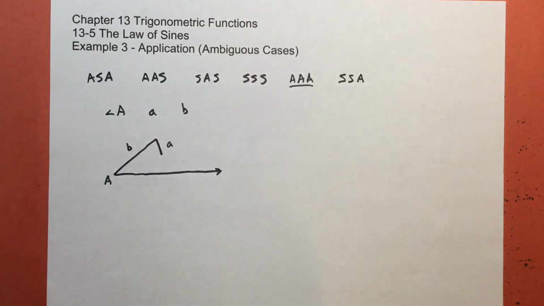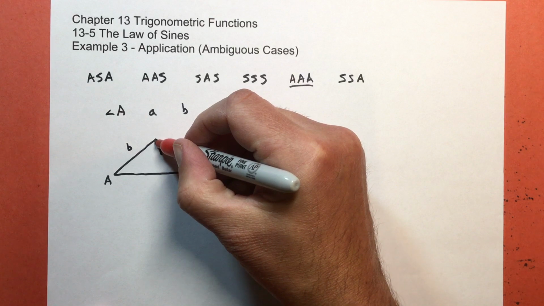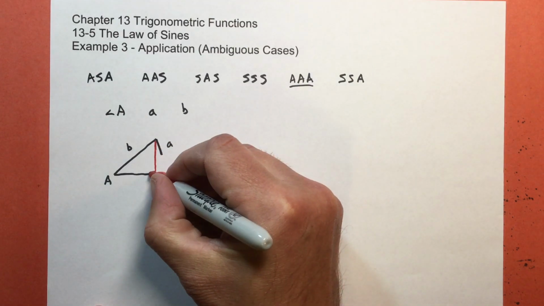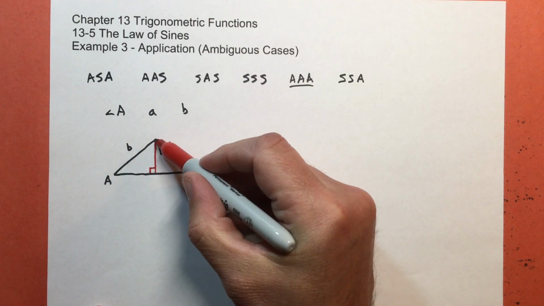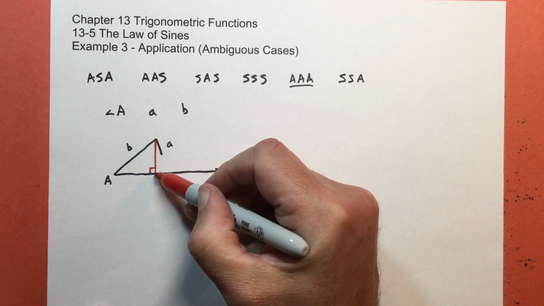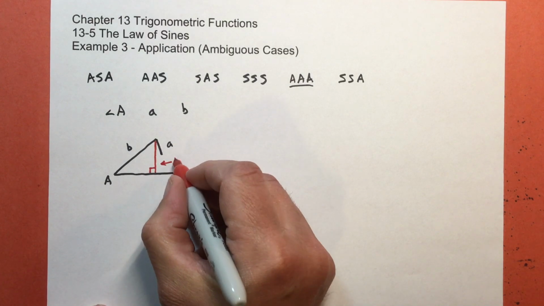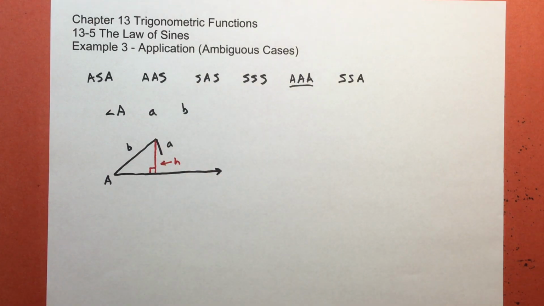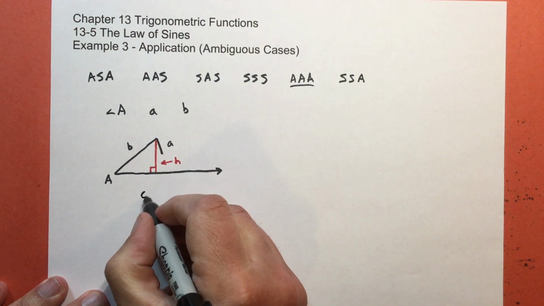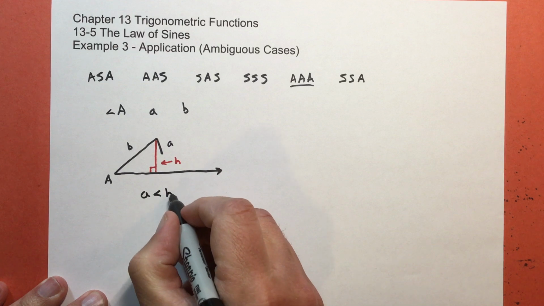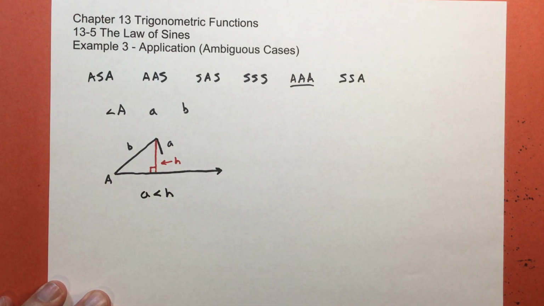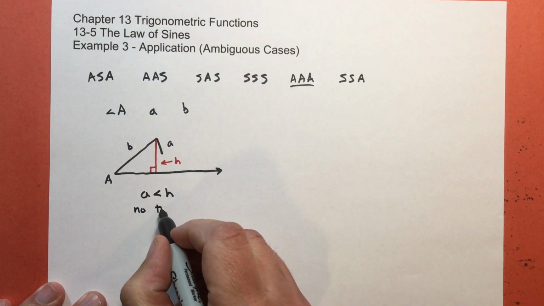I'm going to draw it in red just to make it a little obvious. If I drop that, the shortest distance between this point and this line is going to be a perpendicular. This is now the height, which we call h. And if side A is less than the height, sorry, I almost said side h, I didn't mean that. All right? Then I get no triangle.